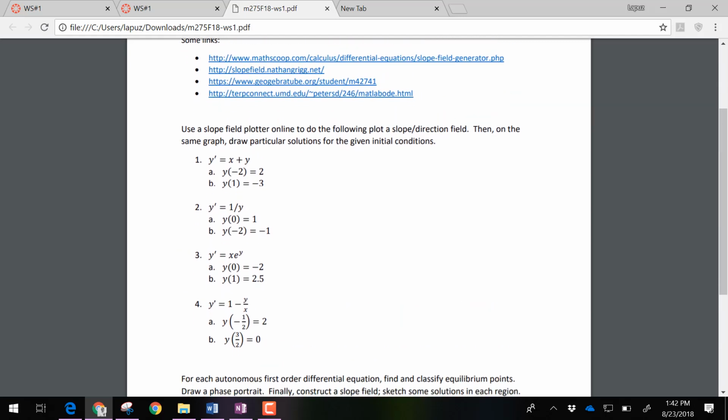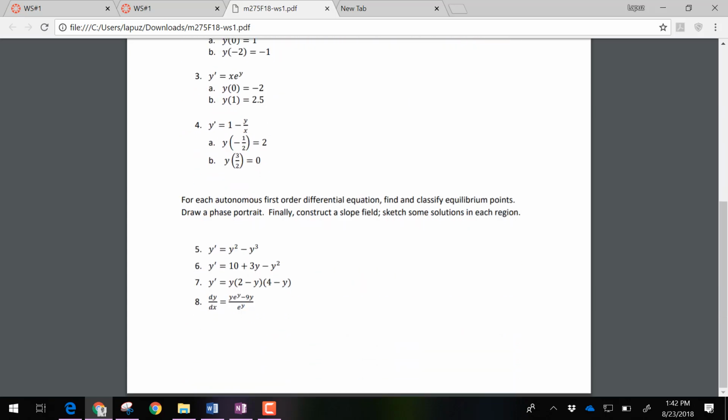The first 2 problems that you will do will be to draw a slope field, and then on that slope field, trace out, preferably using the computer, a couple of solutions based on the 2 different initial conditions. So the two different initial conditions will yield two different solution curves.